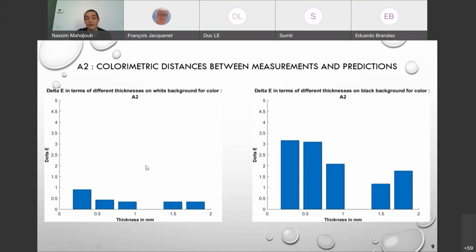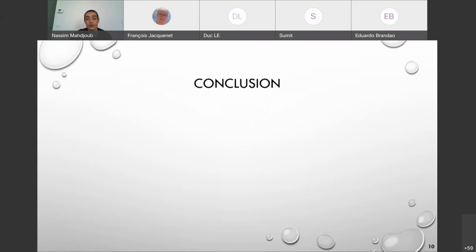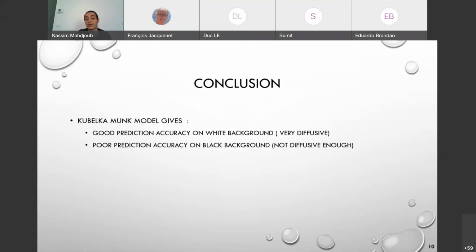Here we see on the white background, we have small differences, and this is for the black background, and it's a little high. So to conclude, you can say that the Kubelka-Munk model gives good prediction accuracies on the white background, but it's not the case for the black background, and that was confirmed with 10 other different materials.